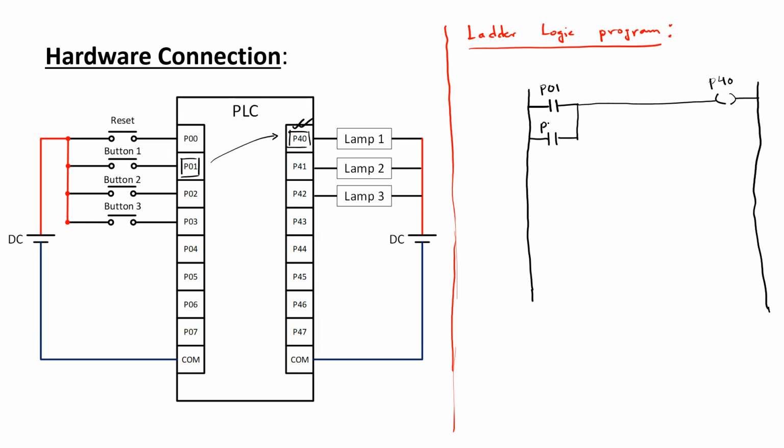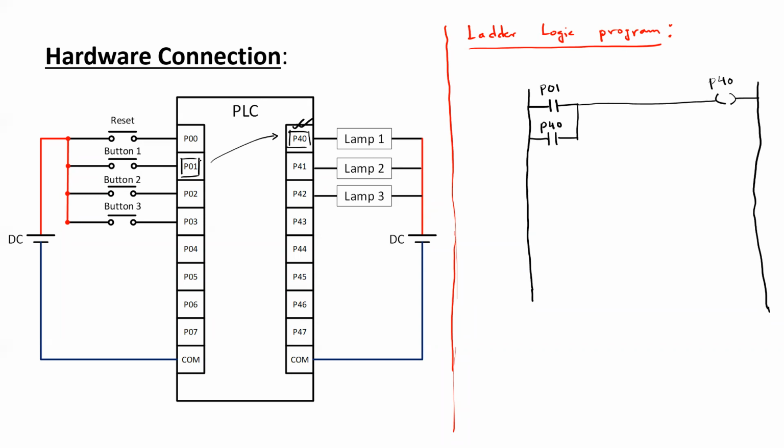So a contact with the address associated with the address of the output port is taken in parallel with the original contact in order to create a latching path or a bypassing path.